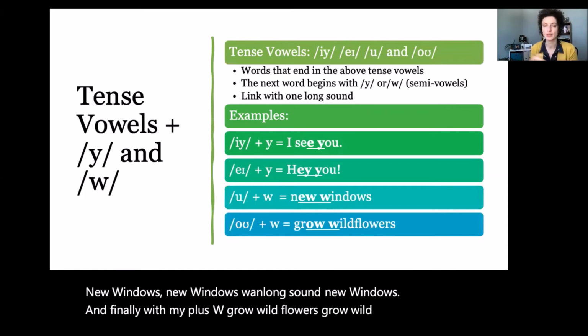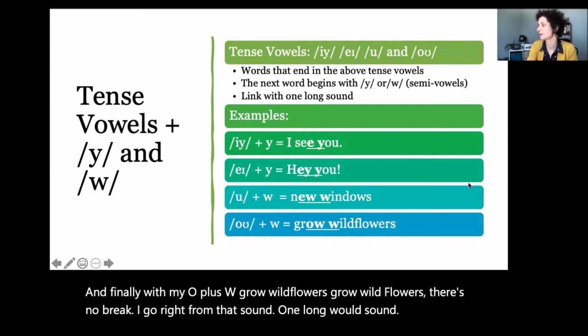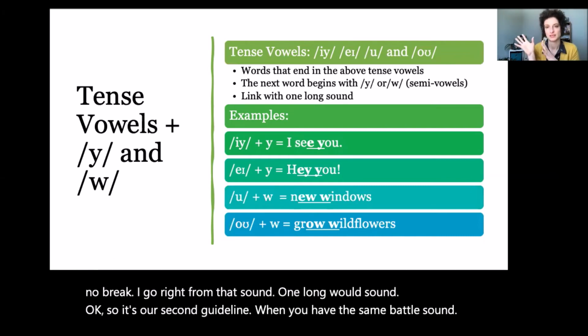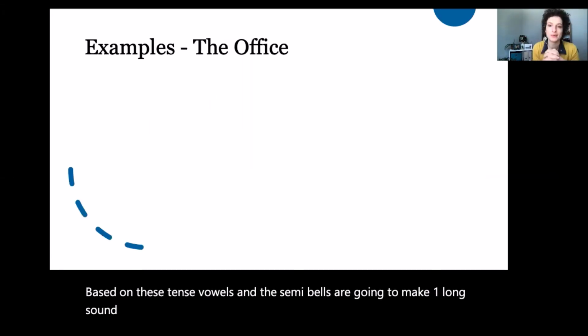There's no break. I go right from that sound, one long W sound. Okay. So that's our second guideline. When you have the same vowel sound, based on these tense vowels and the semi-vowels, you're going to make one long sound.